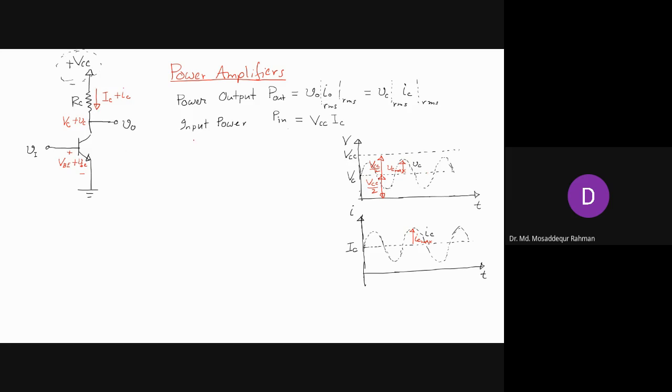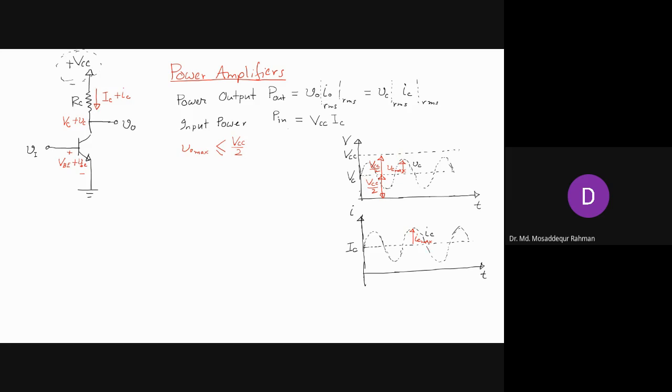In that case, we can say that V naught max, the maximum value of the output voltage that we can have, should be less than or equal to VCC by 2. Otherwise your voltage will get truncated and you will get distortion, right?